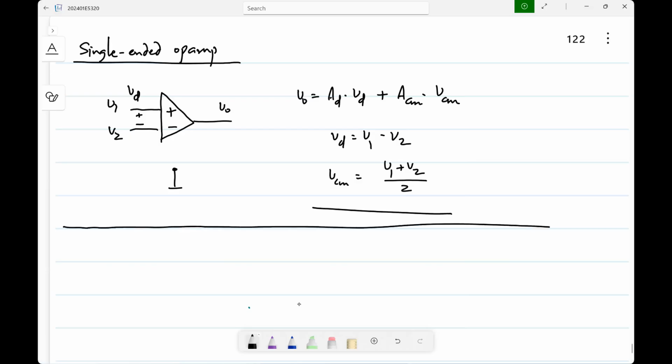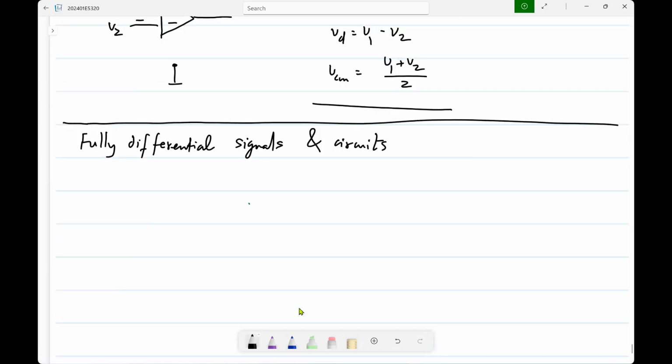So let's say I'll just write fully differential signals, and to process them, you use fully differential circuits. What does it mean?